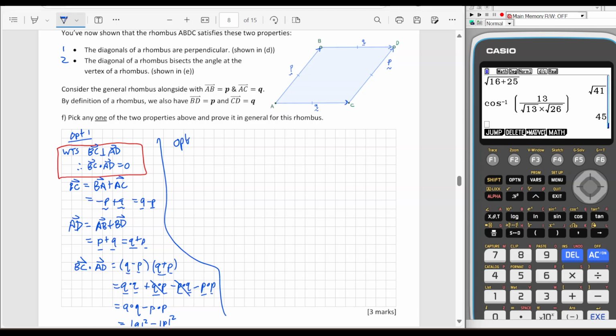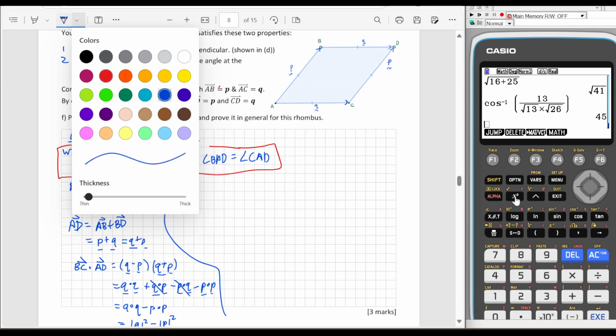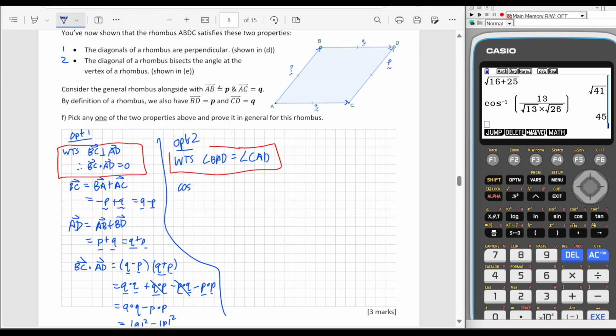Option 2. Okay, we want to show that the angle BAD equals the angle CAD. That's what we'd like to show in this option. Okay, so we can work out each bit. So cos of angle BAD is AB dot AD over mod AB mod AD.